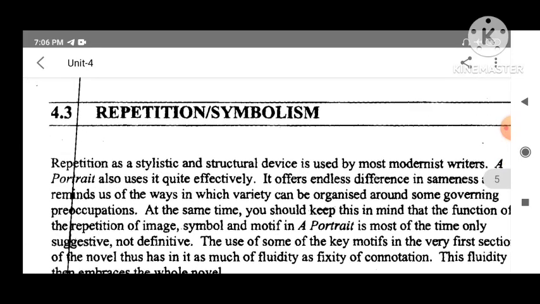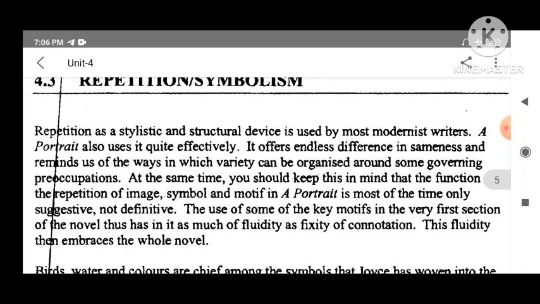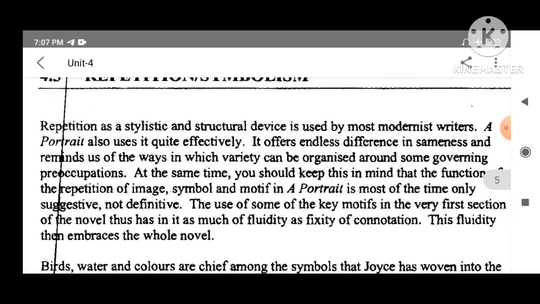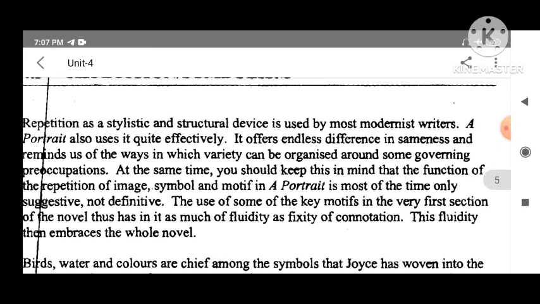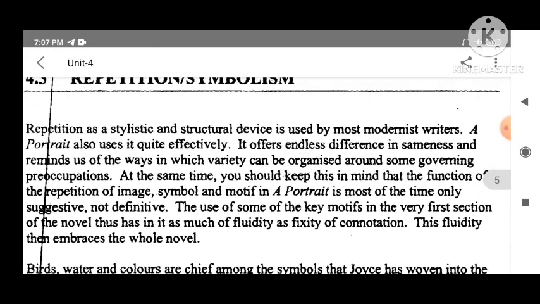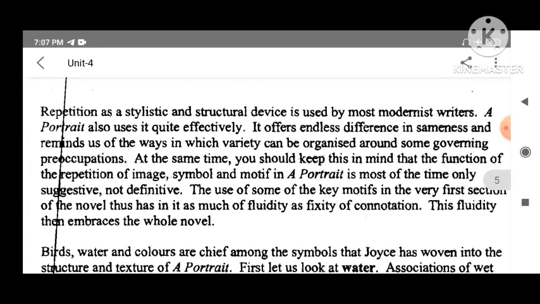So see, repetition is a stylistic and structural device used by most modernist writers. James Joyce is also a modernist writer. A Portrait also uses it quite effectively.